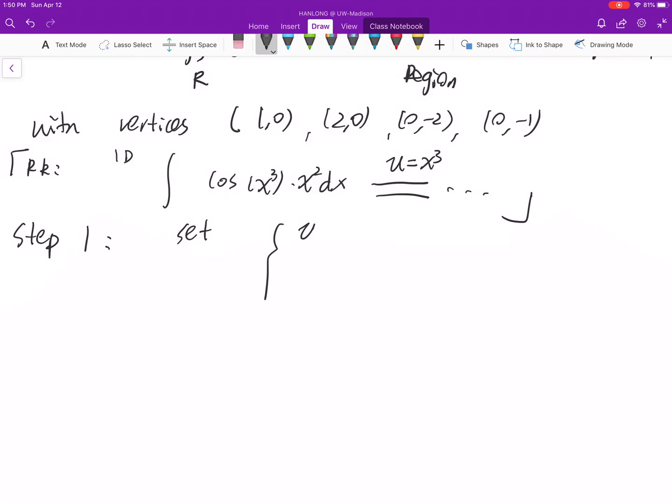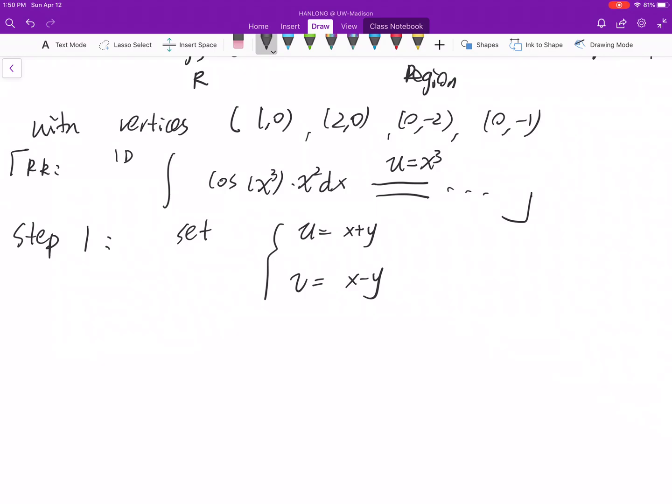So set u equals x plus y, v equals x minus y. Remember here we reverse the places of u and v. Under this notation, you can do the transformation directly. You can compute the image directly without doing it in reverse. The best way to figure this out is not to remember the formula, but to draw the pictures, and remember your job is to transform the integral you have to the other side.